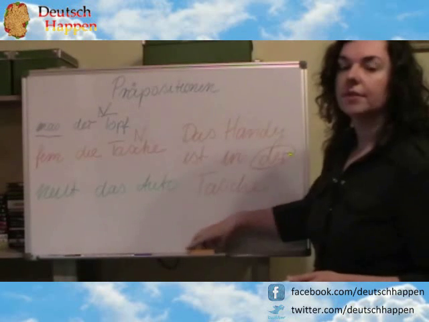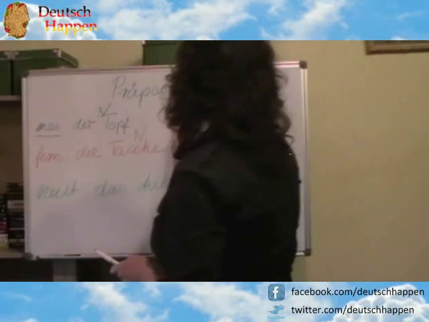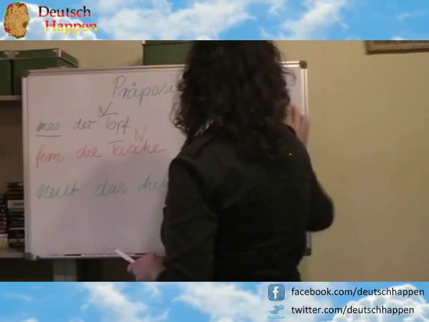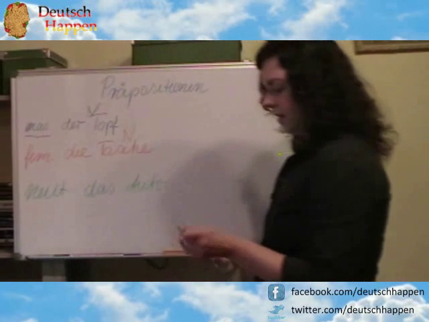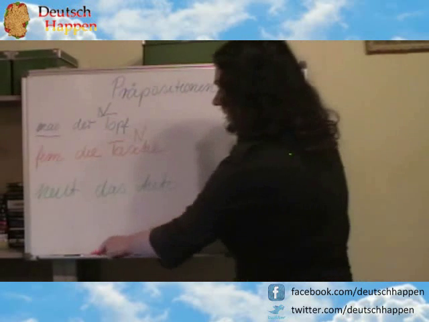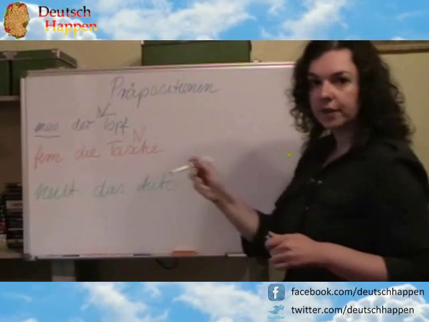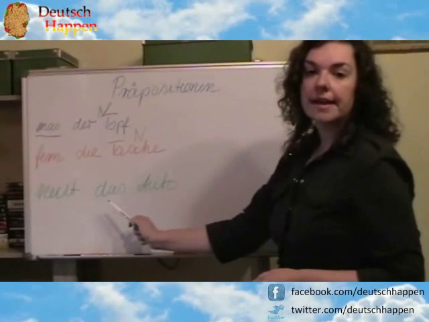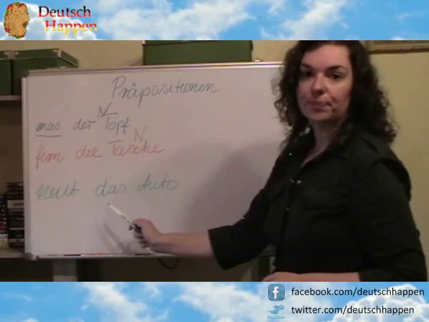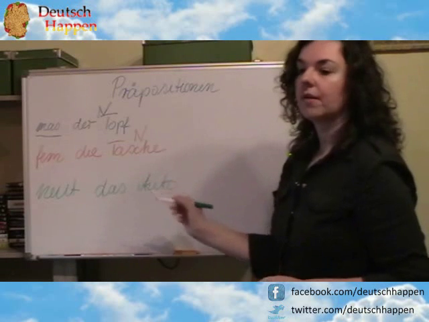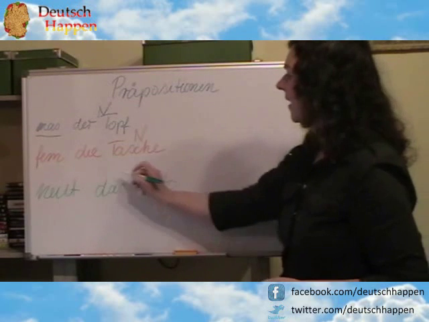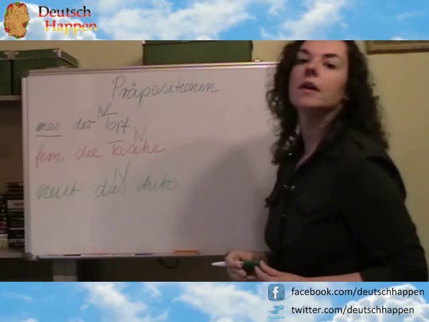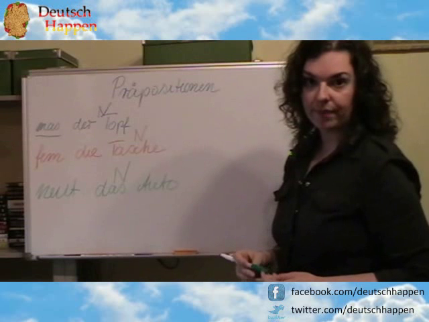Third example, neutral. Let's pick green for neutral. Our neutral noun is das Auto, the car. You will all be familiar with that word. So again, that's nominative singular neutral.